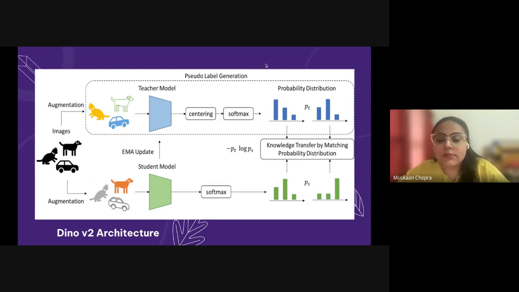It uses activation functions such as softmax and centering, as discussed before. The teacher model goes through centering and softmax, and a probability distribution is generated. This knowledge is then transferred and matched by the second student model. And this probability distribution after matching is transferred to the downstream task.